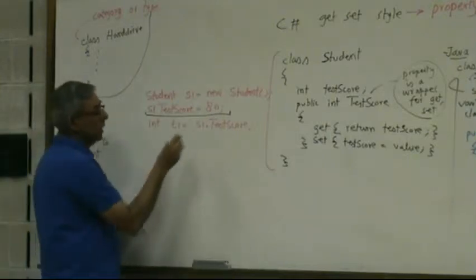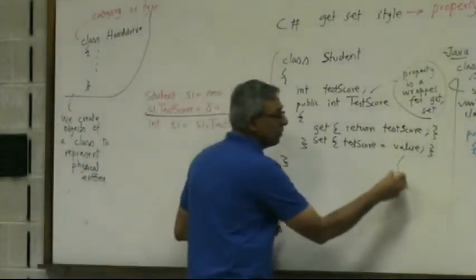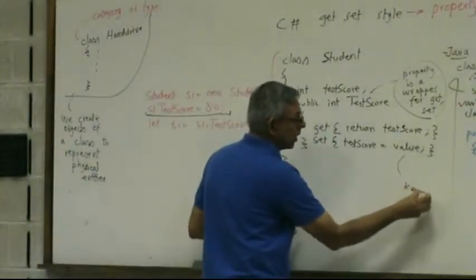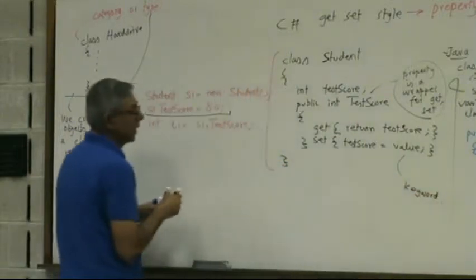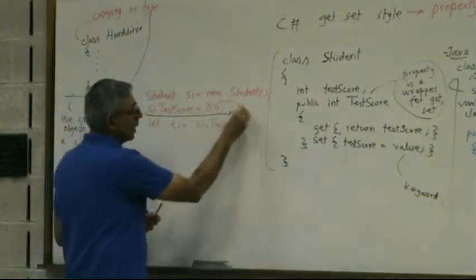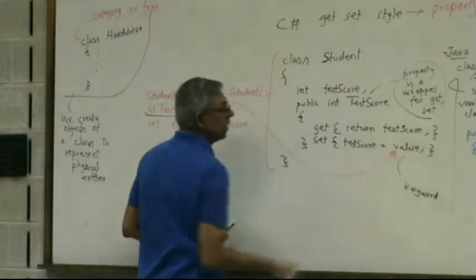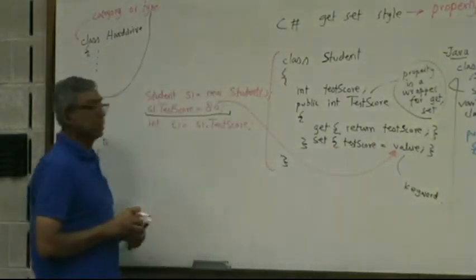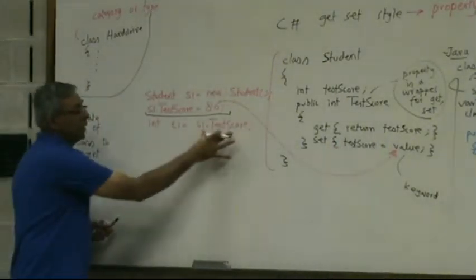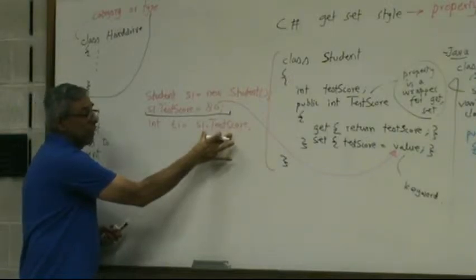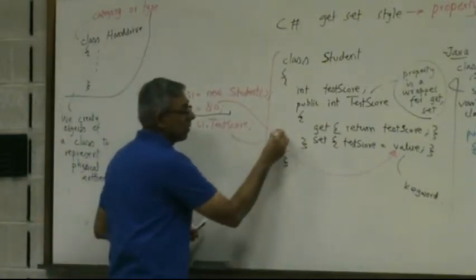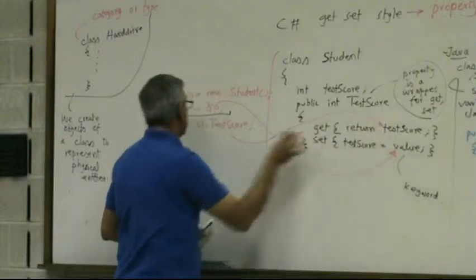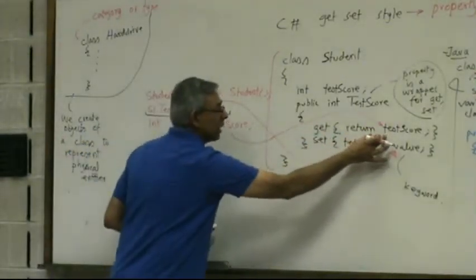It calls the set. So this value is a keyword, by the way. In this case, this 80 will become the value, and it will get stored as the test score. If the property appears on the right-hand side, it will call the get part.